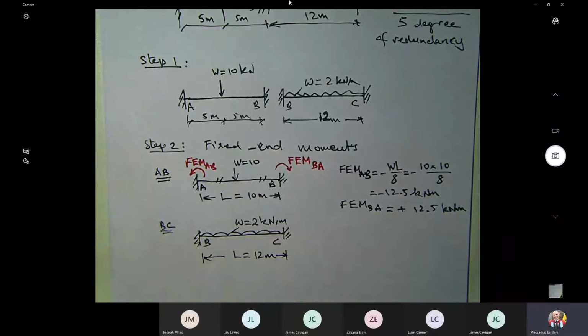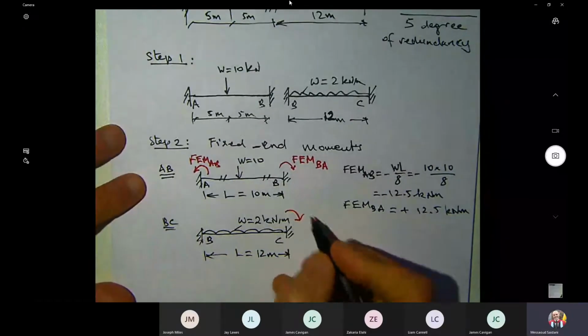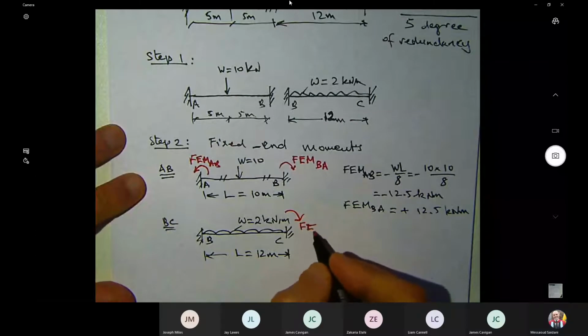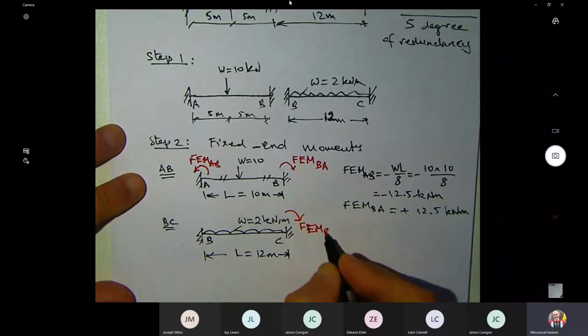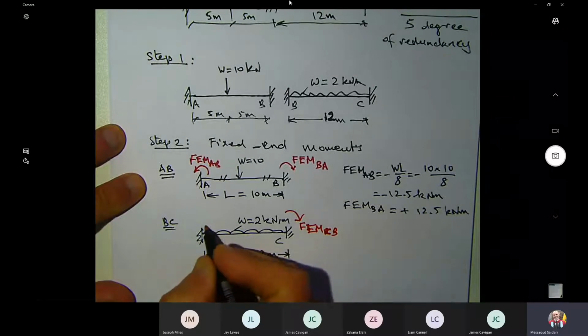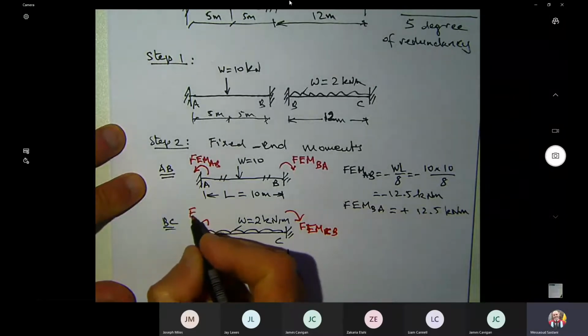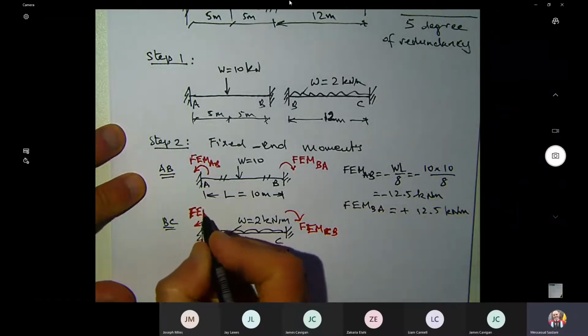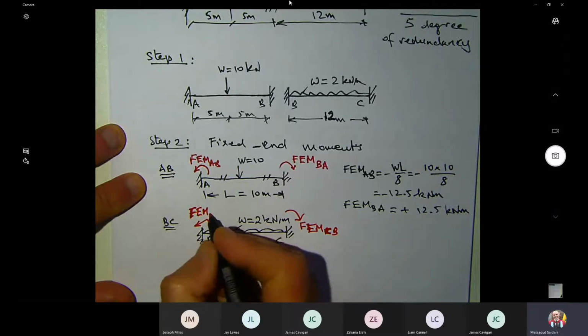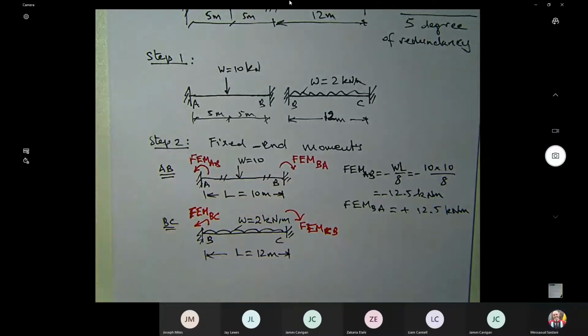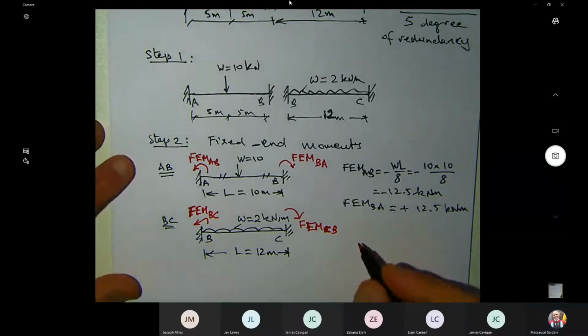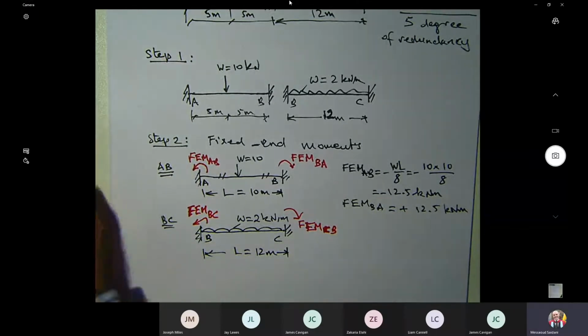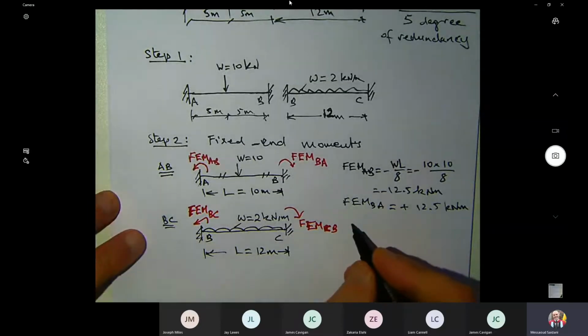Okay, similarly, we have got FEMBC and FEMCB, the fixed end moments at BC.